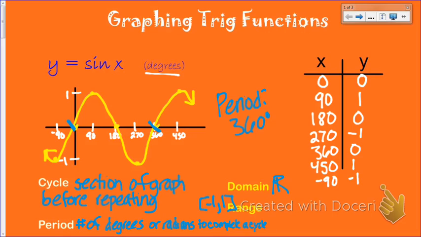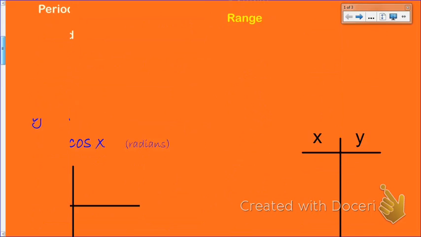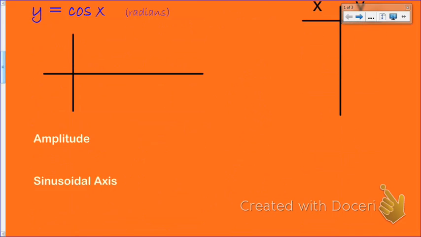All right, so now we're going to move on and do the cosine graph with radians, so we can get a little bit of practice doing that. To graph this, I'm going to start off by picking some simple x and y values. A simple x value would be 0, and the cosine of 0 is 1.